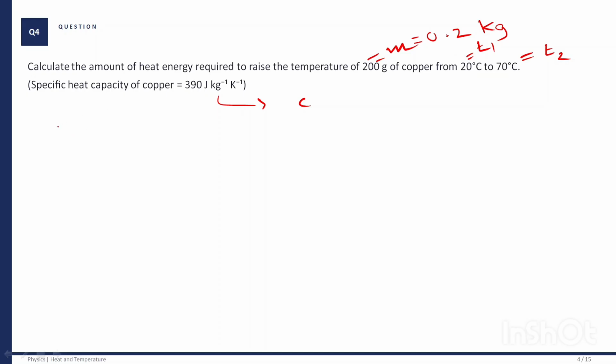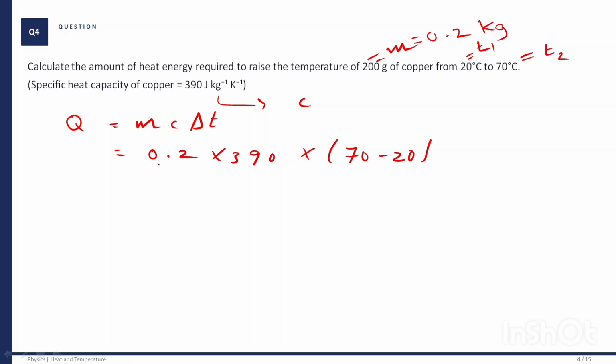Then we have a formula to find the heat energy. Q equal to m c delta T. What is the value of m? Good, 0.2. C value 390. Temperature difference 70 minus 20.